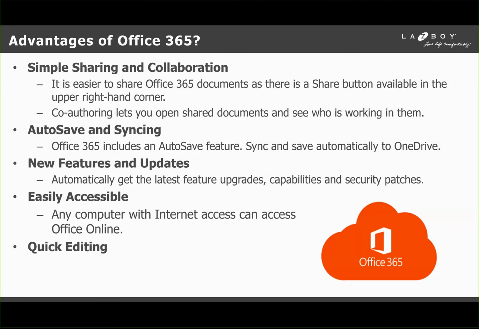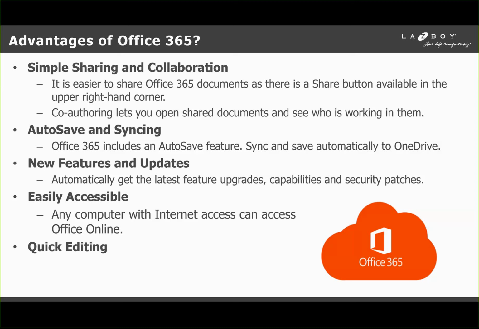Another feature, well, it's not necessarily new, but it works a lot better with the new version of Office, is autosave and syncing. Autosave always existed back in the old days with 2010 Office, but it was always a local thing, and you had to enable it for it to work. Autosave in the new version of Office is automatic, but it's only automatic if you're using OneDrive. That's the big caveat.